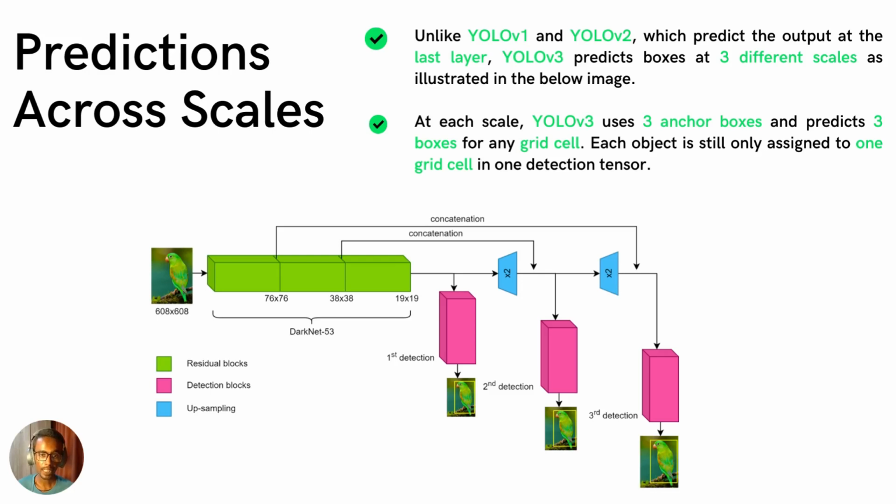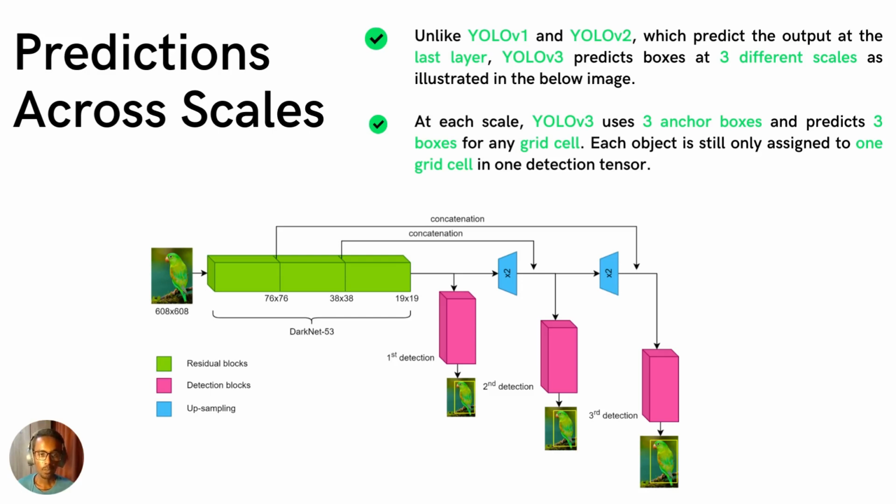But in YOLOv3, the detection is performed on 3 different scales. At each scale, YOLOv3 uses 3 anchor boxes and predicts 3 bounding boxes from the anchor boxes for any specific cell. Each object is only assigned to one grid cell in one detector tensor.